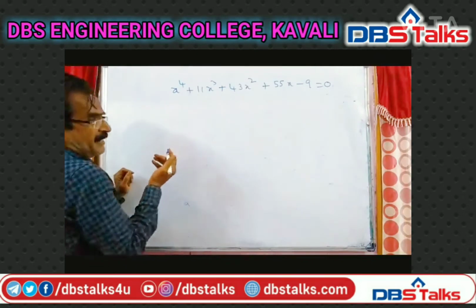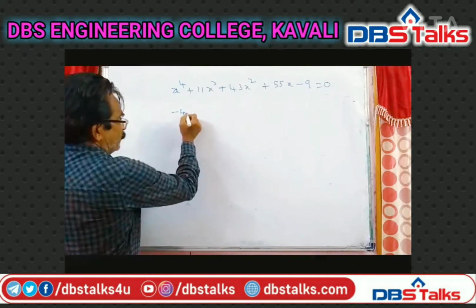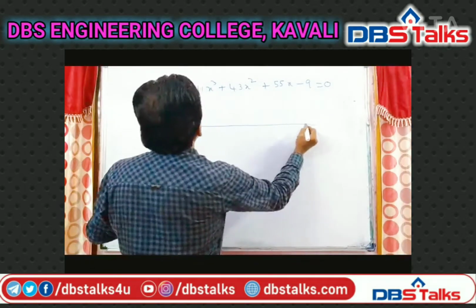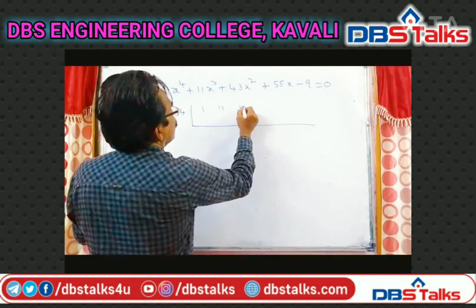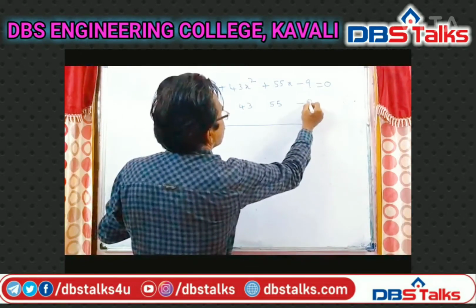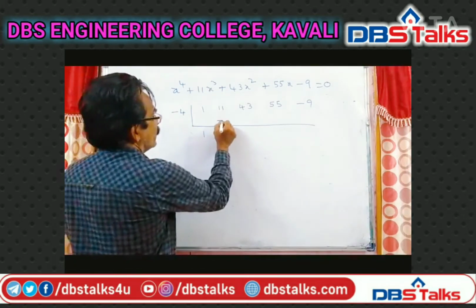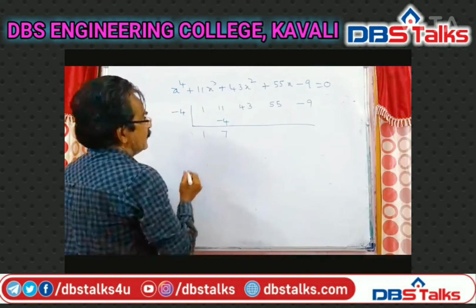So when increased by 4, we have to take minus 4. Let us write the coefficients: 1, 11, 43, 55, minus 9. We write 1 as it is. Minus 4 into 1 is minus 4, 7.